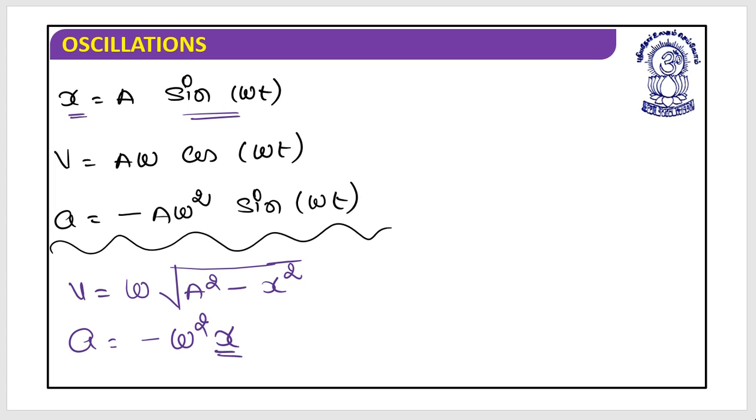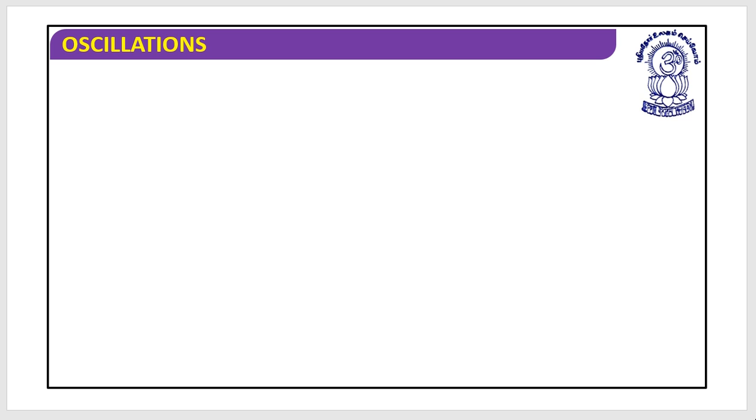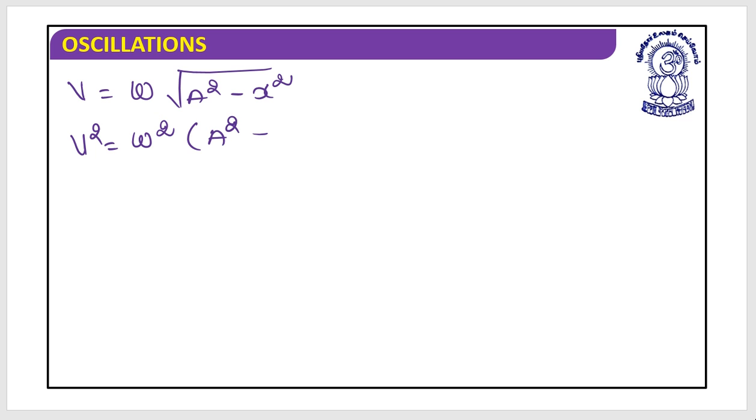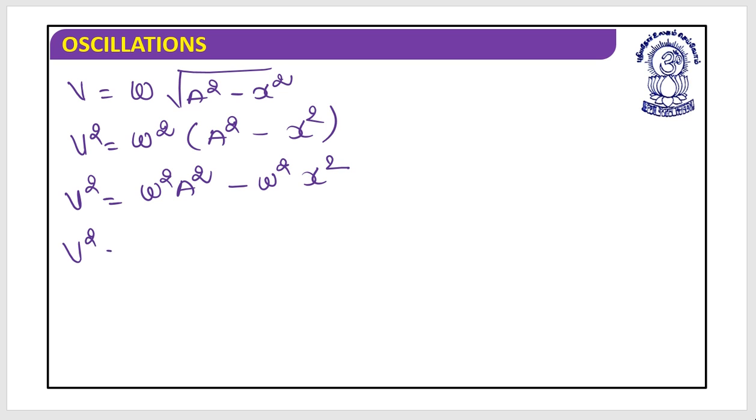It's v versus x. Let's have a look. We have the relation v = ω√(A² − x²). If I square this on both sides, v² = ω²(A² − x²). This can be written as v² = ω²A² − ω²x². From this, v² + ω²x² = ω²A².